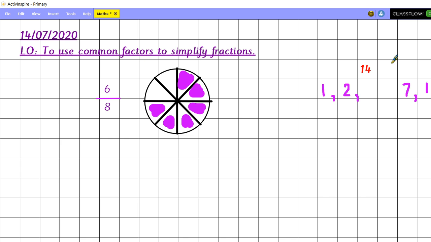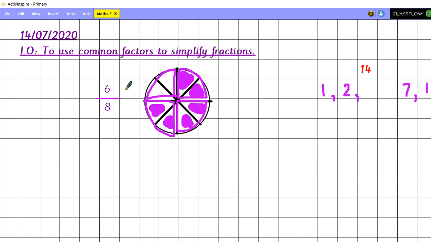Okay. Now if I've only got 6 of these, there are simpler ways for me to look at this. Now quite often when we look at fractions, you tend to look at what you know. So you can see that along here, down here and across here, if I was to split it into 4, then I would have 1 there. I would have another one here, which would be 2, and I would have my third one here, and they are all coloured in, all 3 of those, and I've got my fourth one here, but this isn't coloured in.